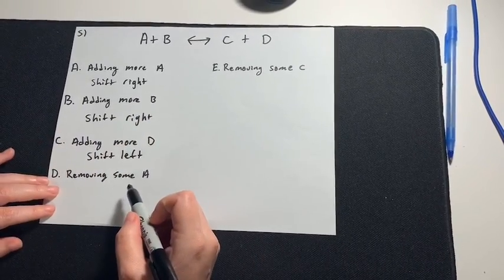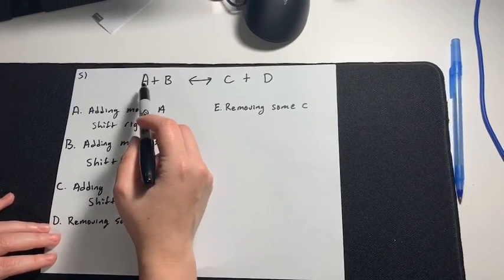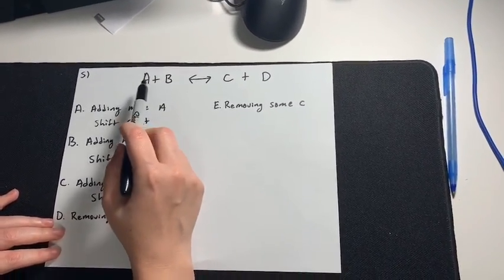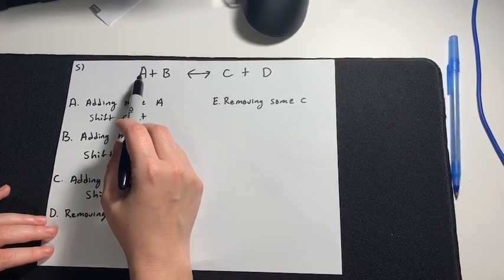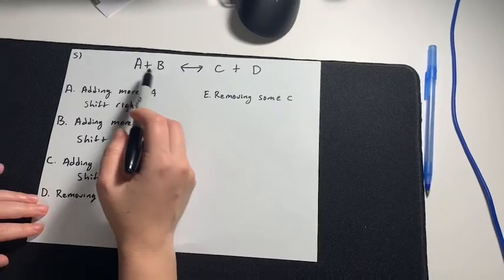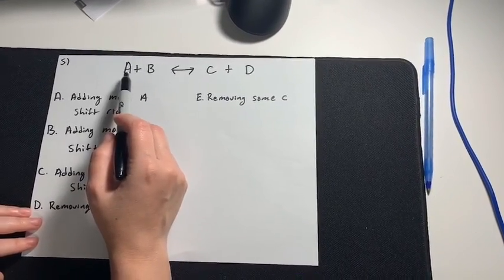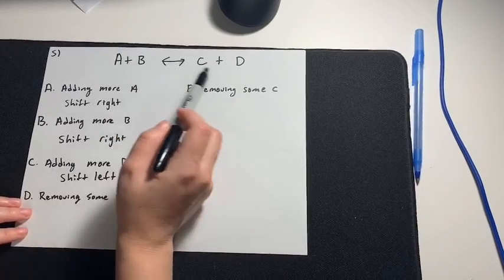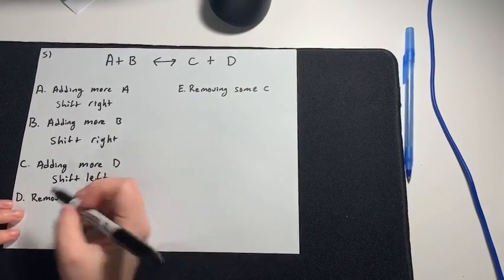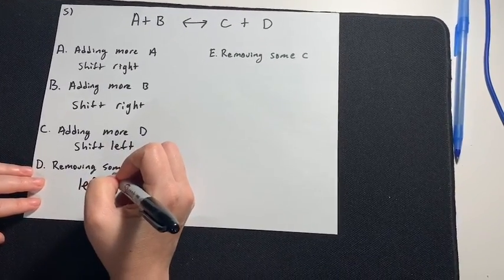Now here's a slightly different scenario. We're going to remove A. So if we go ahead and remove A, then there's going to be a shift to the left because it's going to want to create more reactants in order to maintain an equilibrium here. So here we're going to say that it's going to shift left.